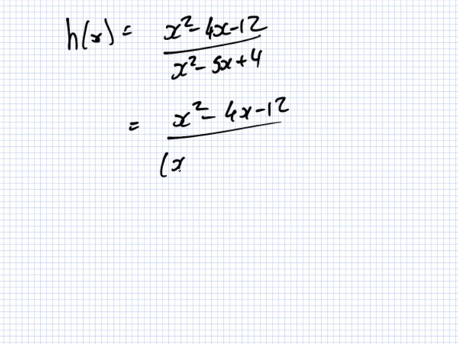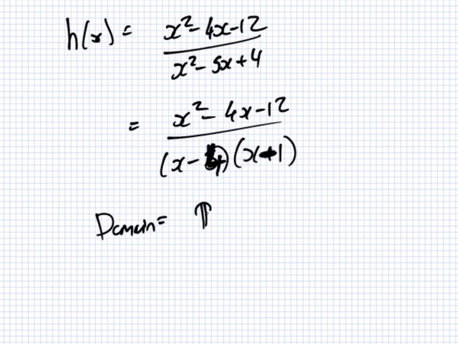So that's x minus 4, x minus 1. Yes. So what's the domain, do you reckon? All real numbers except 1 and 4. That's it.